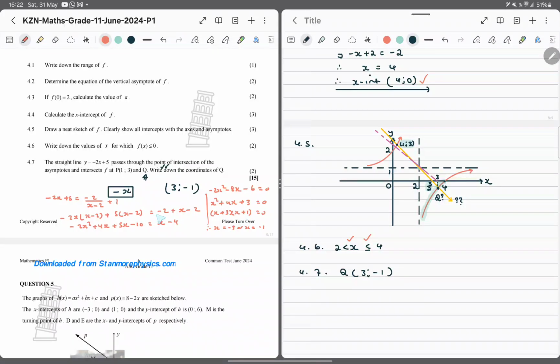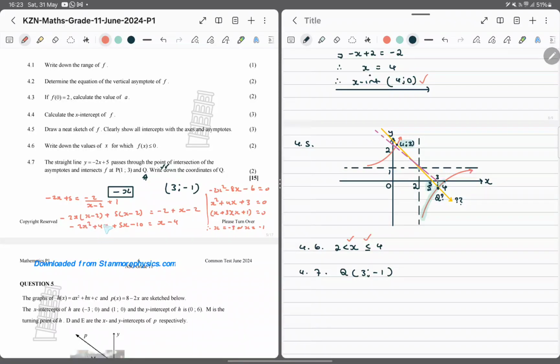It's just going to be minus 2, then plus 1, so 1 into this, so it's just going to be x minus 4. I transpose this here: minus 10 plus 4, that's minus 6.